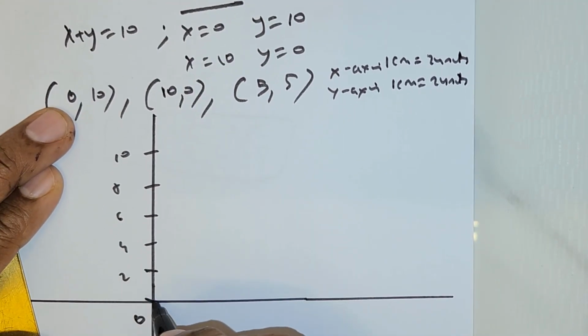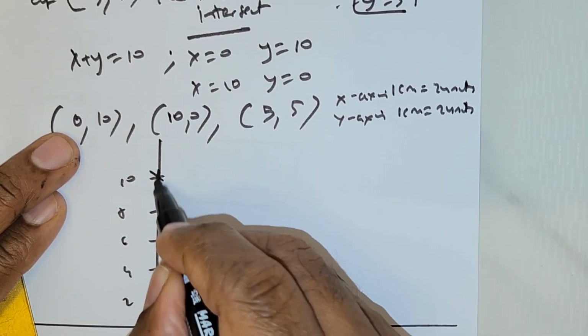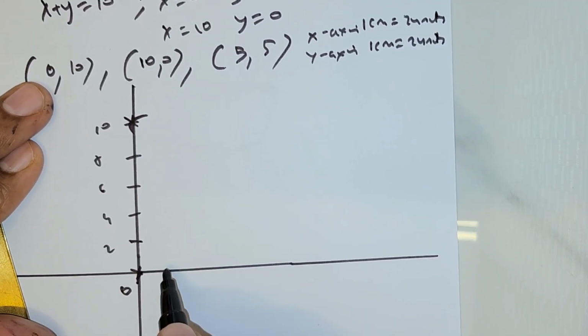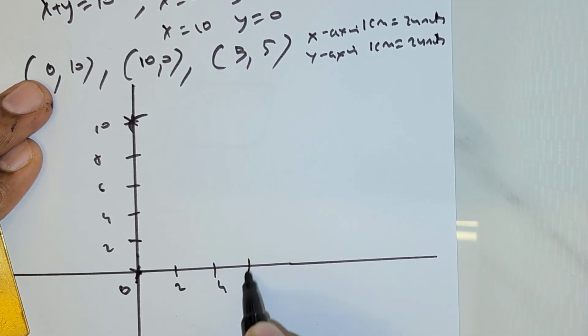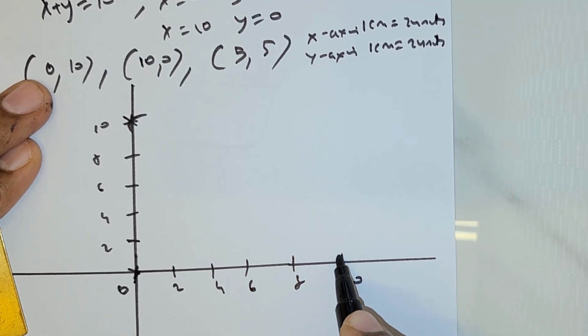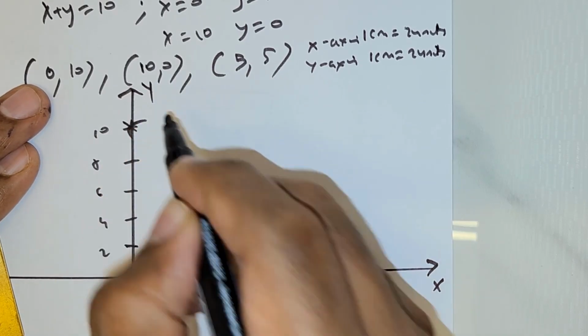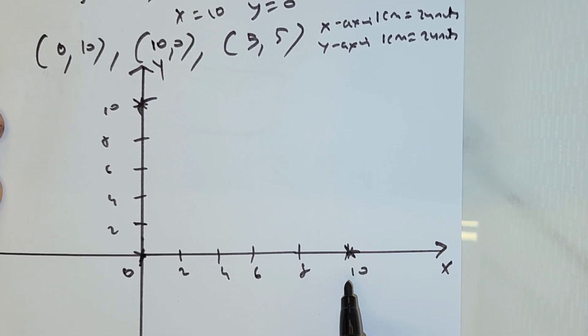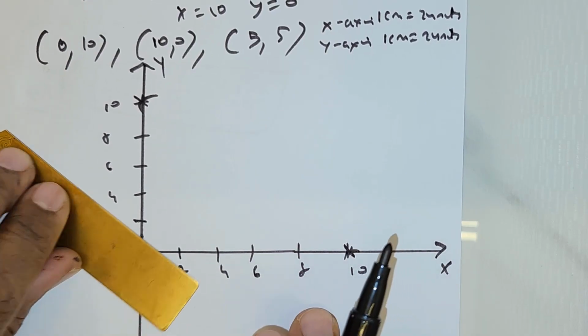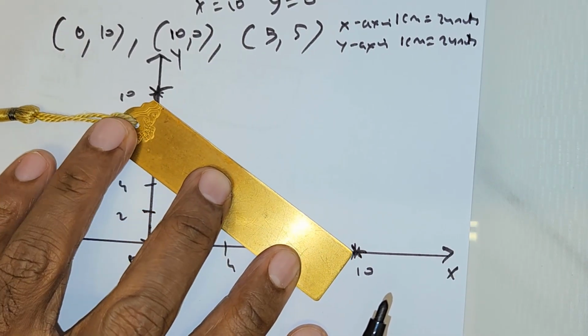So x is 0, y is 10, and then the same points, say 2, 4, 6, 8 and 10. When x is 10, y is 0. Okay, so you connect these 2 points.